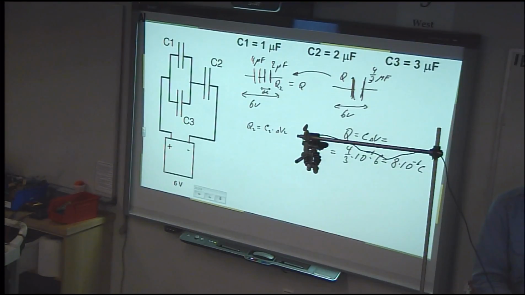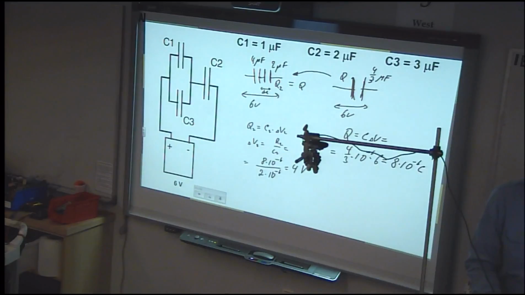But now we can use it for calculating that voltage. 8 times 10 to the negative 6 over 2 times 10 to the negative 6, 4 volts. Again, V, voltage, volts, Voroshilov. Don't confuse those V's. They're different.